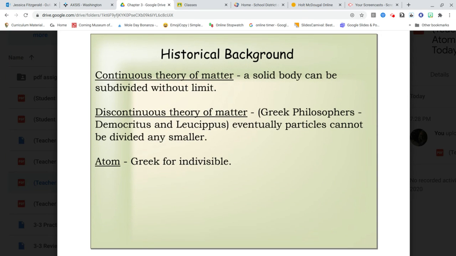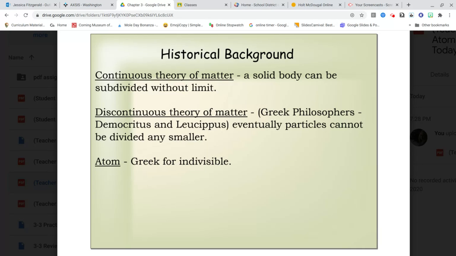So, if we look at some of our background, we can actually go all the way back to our Greek philosophers with the atom. There are two theories on what matter is. Matter can be considered a continuous theory of matter or a discontinuous theory of matter. The continuous theory of matter is basically saying you can divide a solid body in half over and over again without limits.